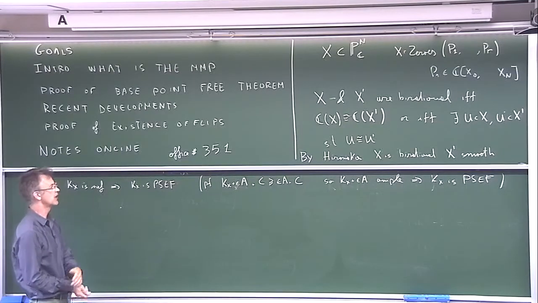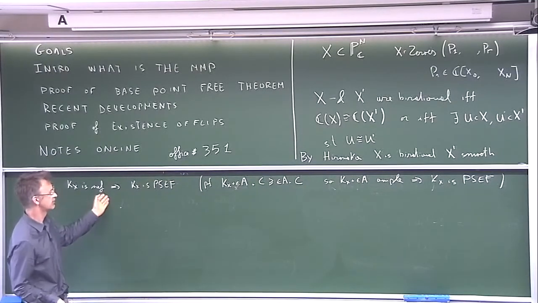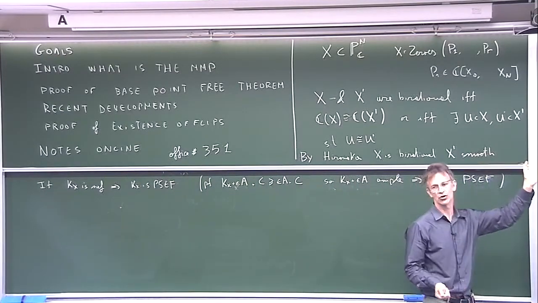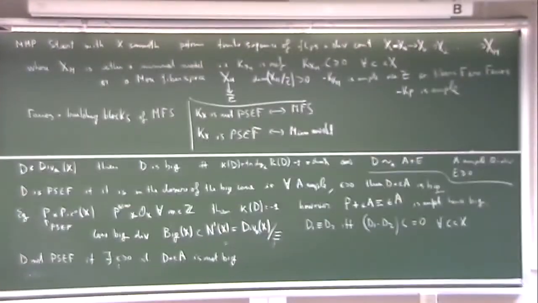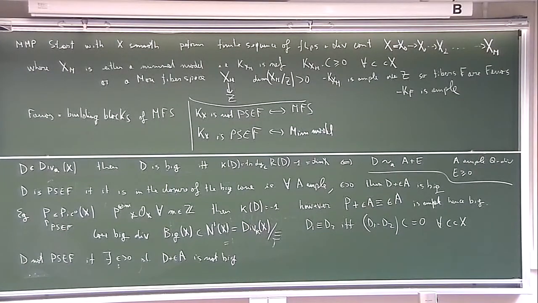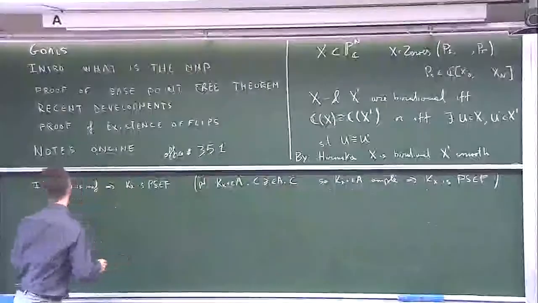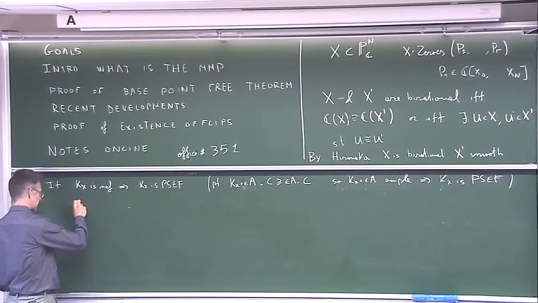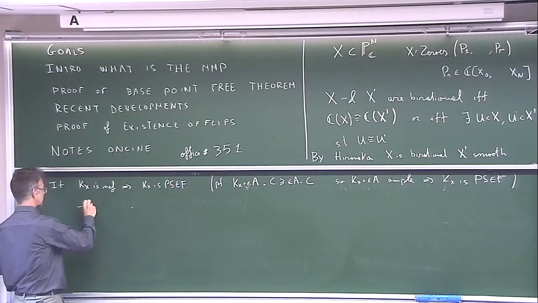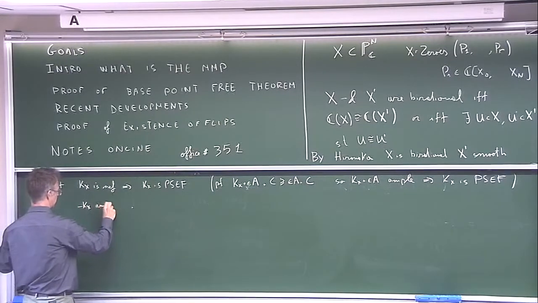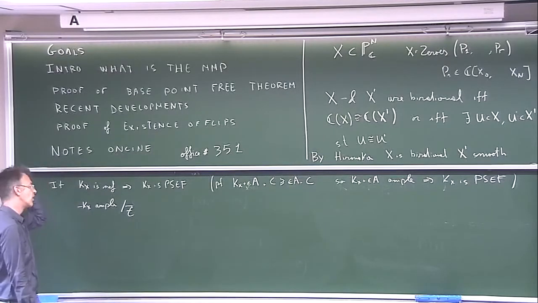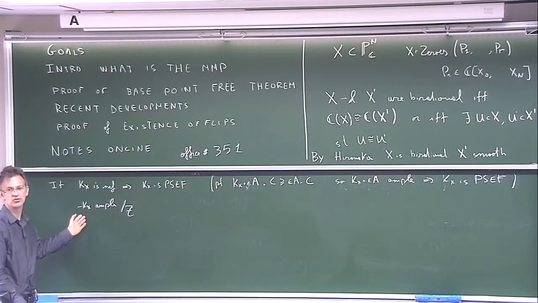And of course, you would have to check that this property is not destroyed by a finite sequence of flips and divisorial contractions. But I've not told you yet what flips and divisorial contractions are, so I cannot prove that to you yet. And how about the Mori fiber space case? Minus Kx ample over Z. Well, this is sort of an easy exercise to check that this cannot be pseudo-effective, right?